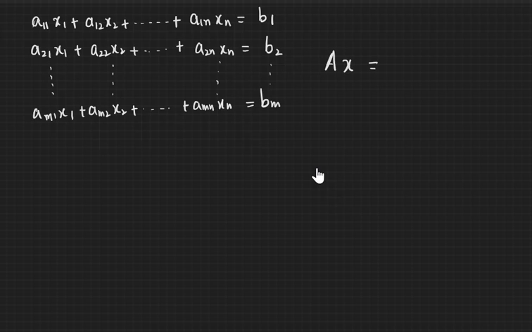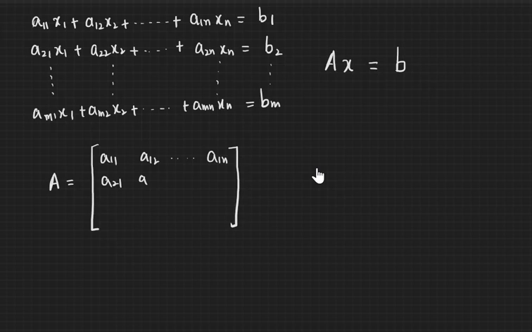We can write down this general form of system of m linear equations in n unknowns as Ax is equal to B, which is the matrix form, as the matrix equation, where this matrix A is called the coefficient matrix and it has the entries A11, A12, up to A1n, A21, A22 up to A2n, Am1, Am2 up to the entry Amn.